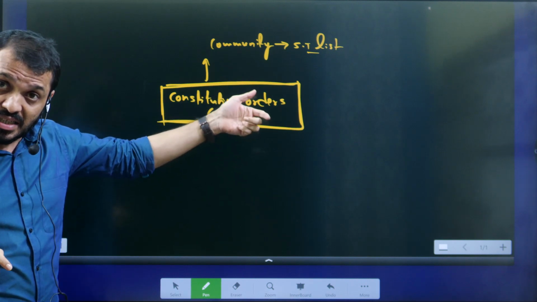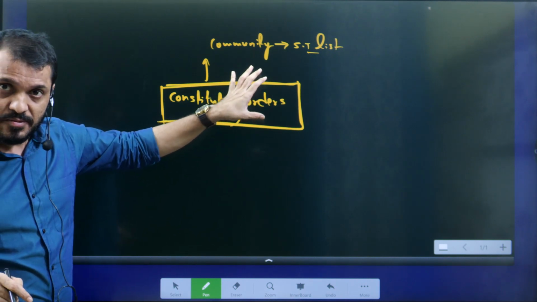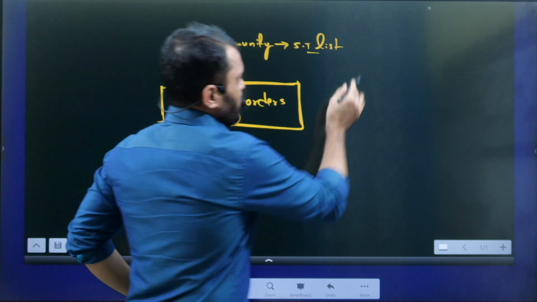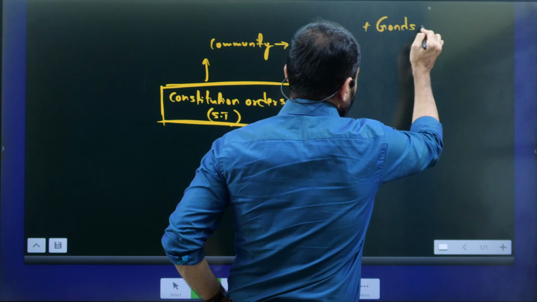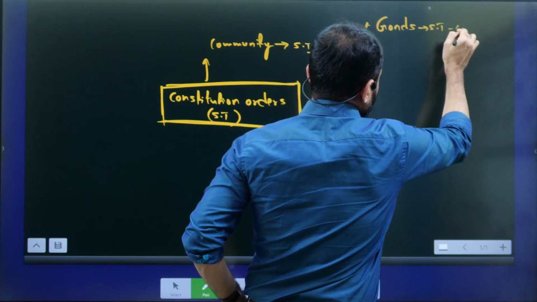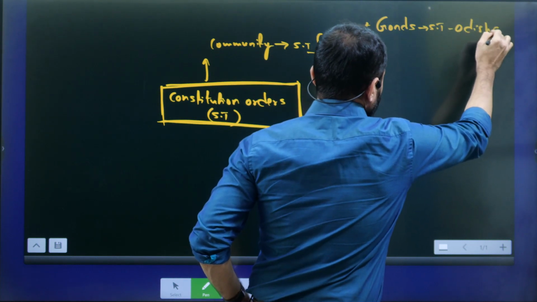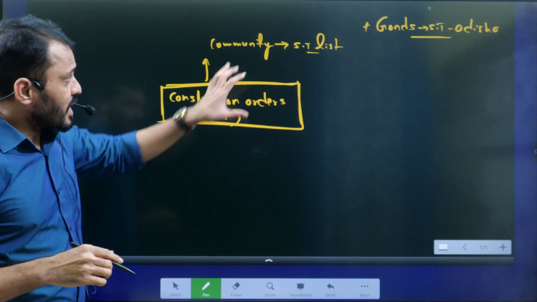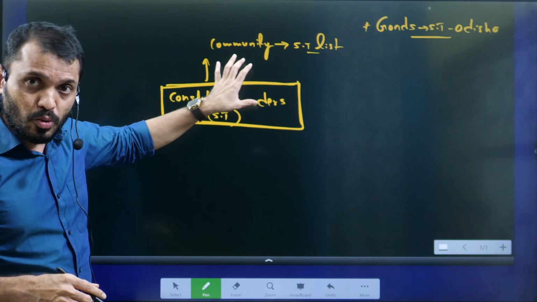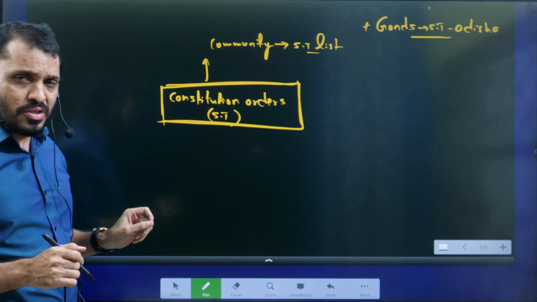In other states, they won't be considered ST. For example, if the Gond community is considered ST in Odisha, they may not be ST in Haryana. So ST specification is related to states only. This is the first point you have to understand.